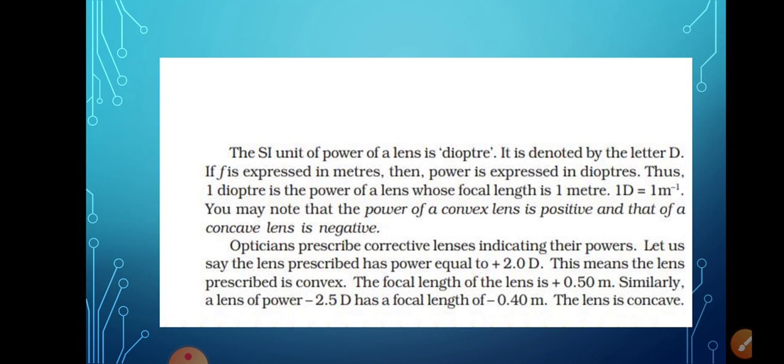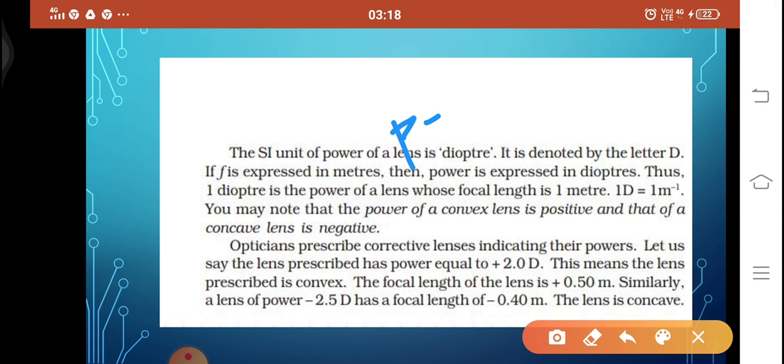Then the SI unit of power is diopter, and it is denoted by letter D. When we take focal length in meter, power P equal to 1 upon f gives the unit diopter.